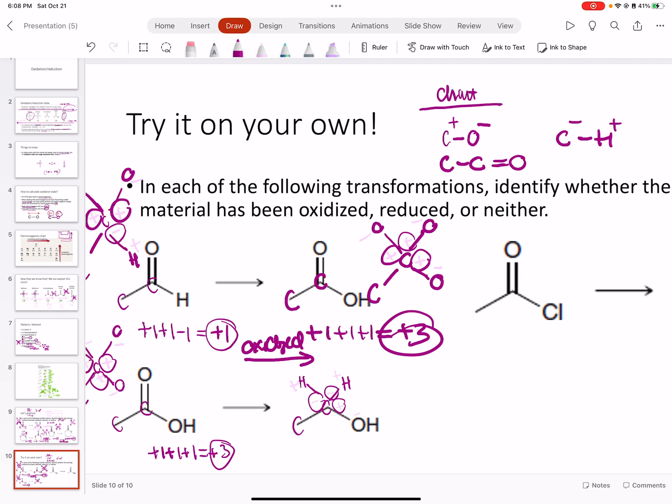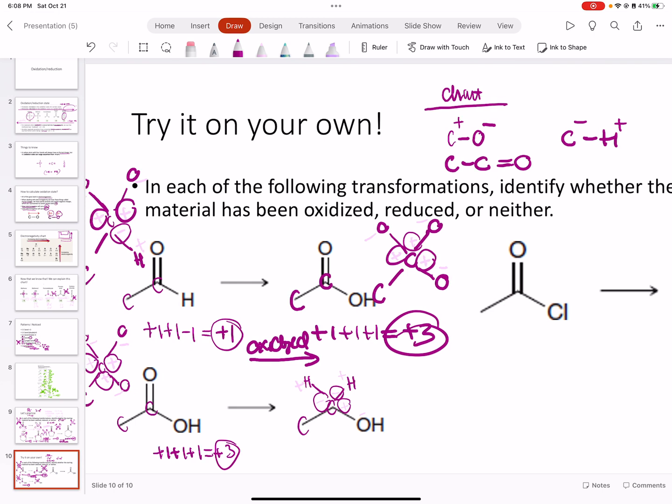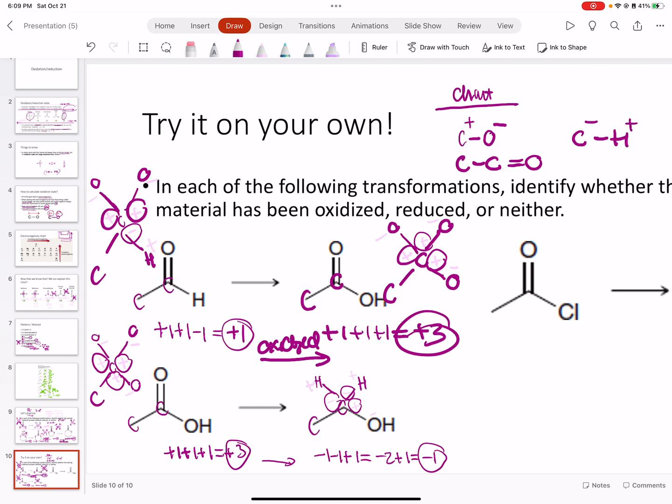So then we go from carbon, oxygen, we have positive, carbon, hydrogen, we have negative. We have -1, +1, we have -2, +1, we have -1. Which would technically mean we were reduced.